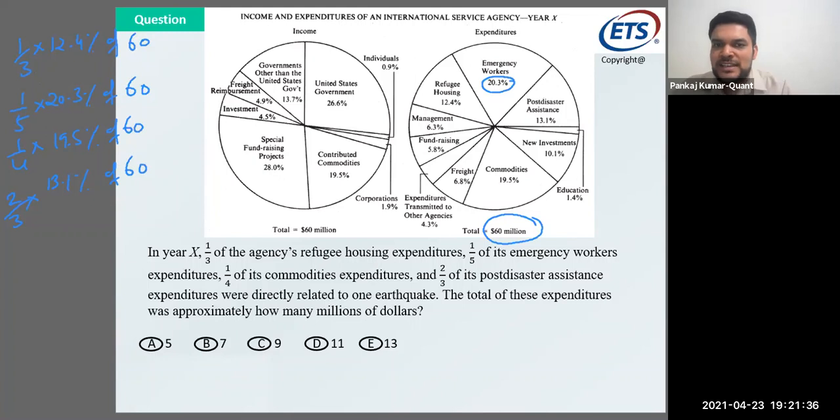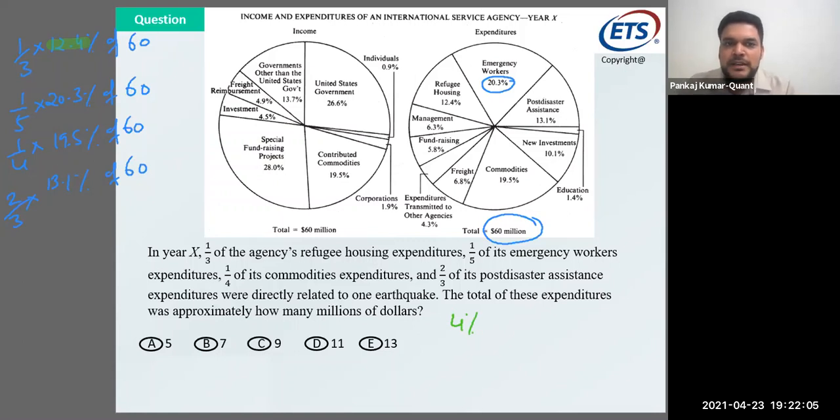Or what else if I just do it? Just see this, guys, this is very important here. I'm not taking 1/3 of 12.4. I'm taking 1/3 of 12. What is 1/3 of 12? 4%.